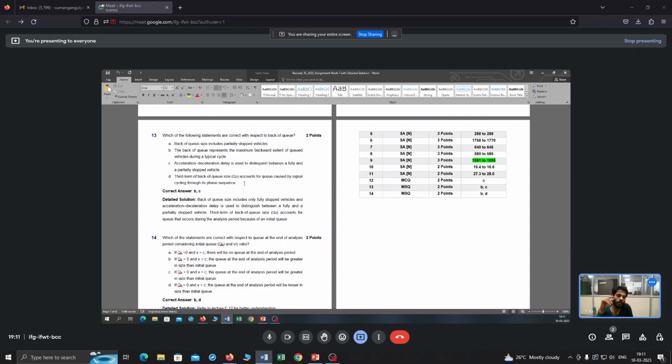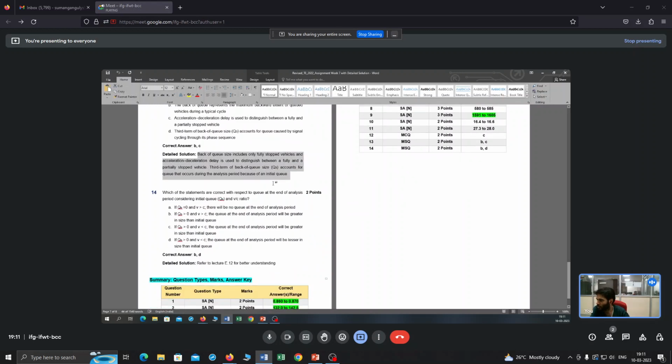Q1 is where vehicles are coming at uniform flow, suppose, and then you are stopping. So Q1 accounts for that type of queue, whereas Q2 is due to fluctuations, randomness, right? And Q3 is if there is oversaturation or an initial queue. So it is not true. So here also we find that B and C are only true.